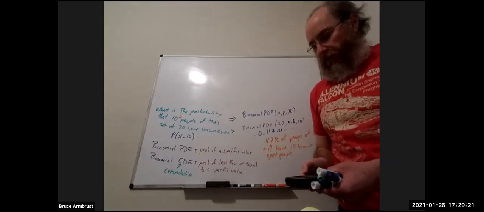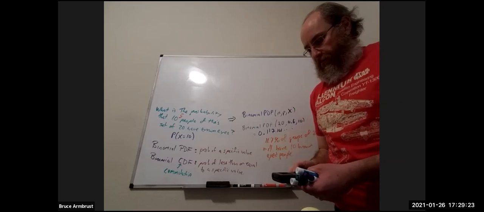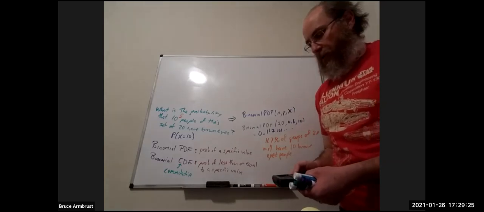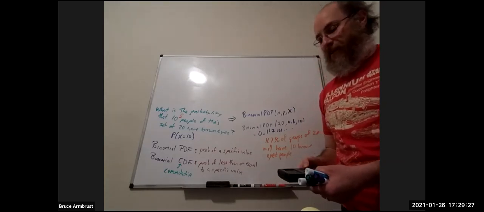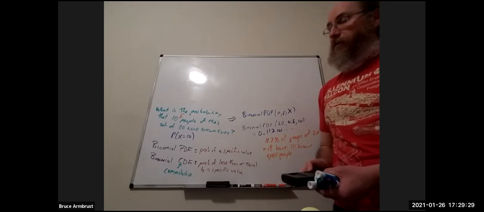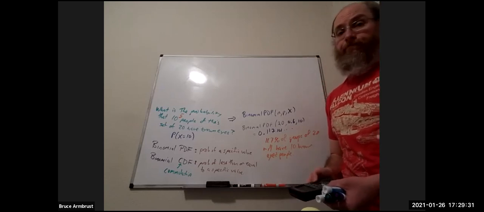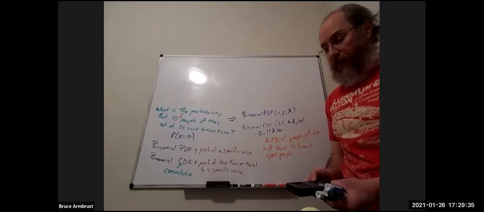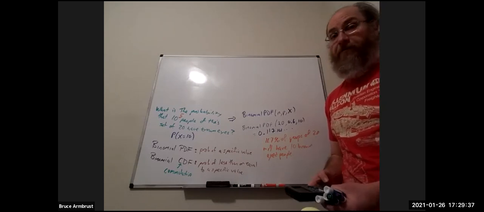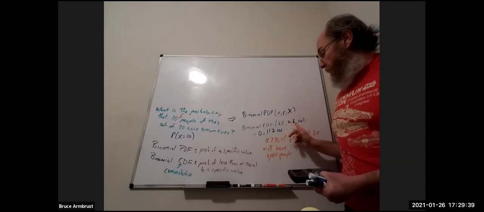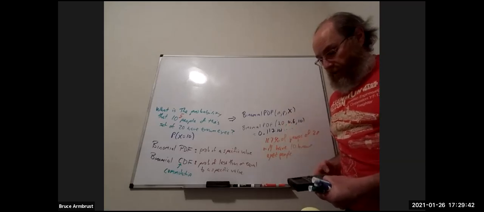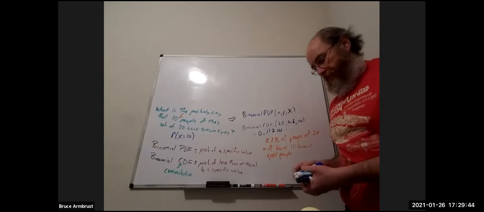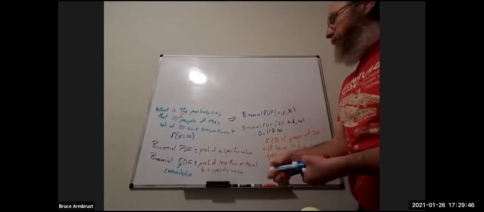Okay, well, I can use the exact same command. I'm still going to do binomial PDF because I want exactly 5. I still have 20 trials. I still have a success probability of 0.6. But now I'm looking for just 5. So it would be 20, 0.6, 5. So I change that on my calculator here and I run the numbers.